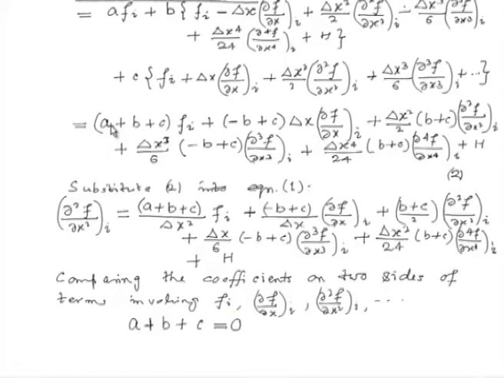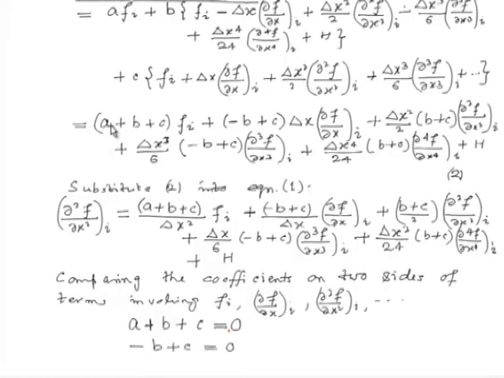A plus b plus c is equal to 0. Similarly, there is no term which contains the first derivative on the left hand side, but we have got one term (minus b plus c) divided by delta x del f by del x at i on the right hand side, so its coefficient must vanish as well. So we get minus b plus c is equal to 0.